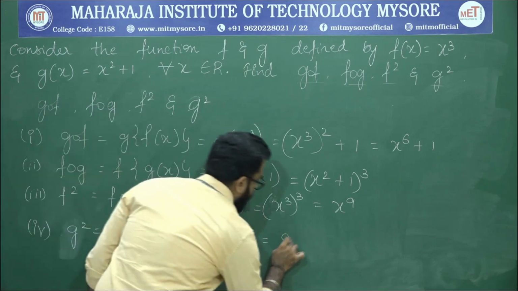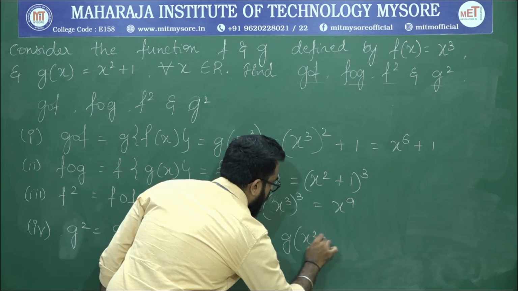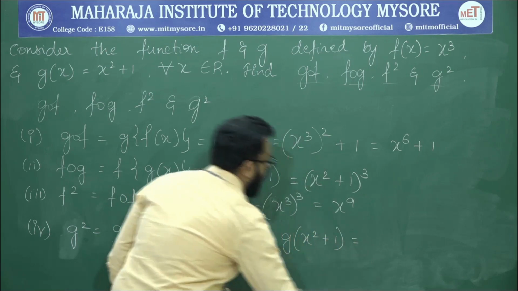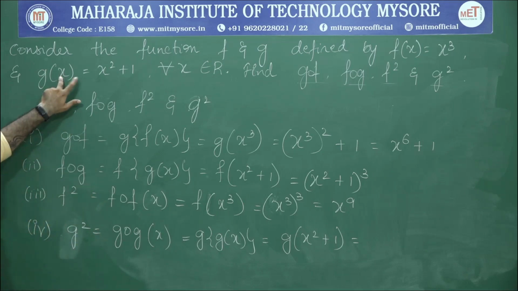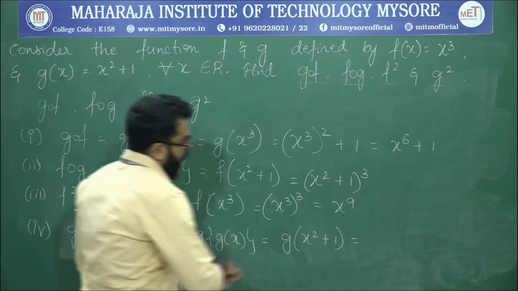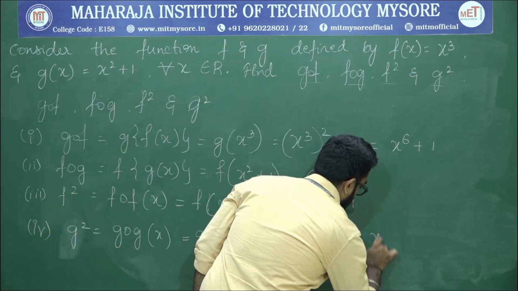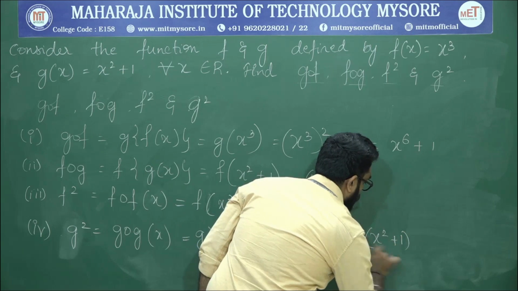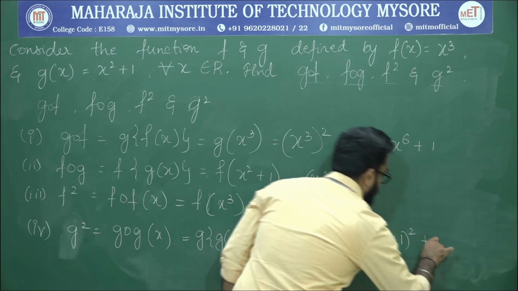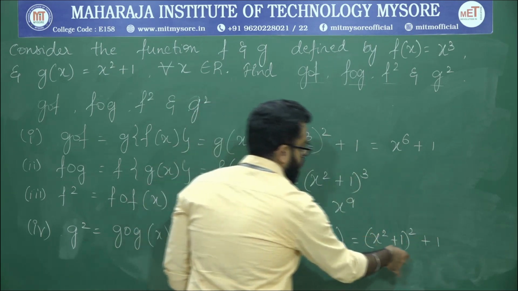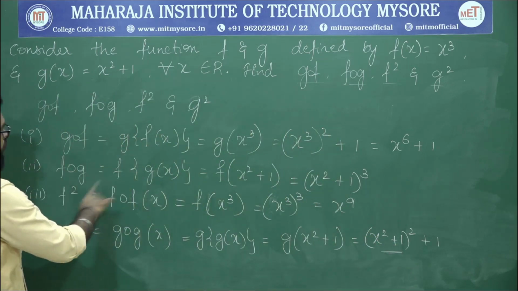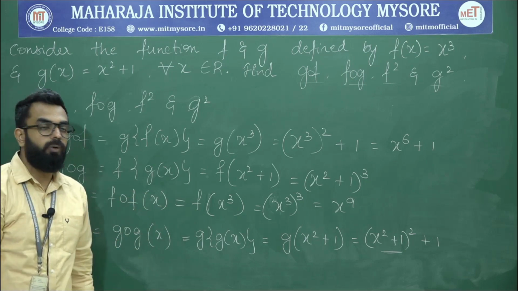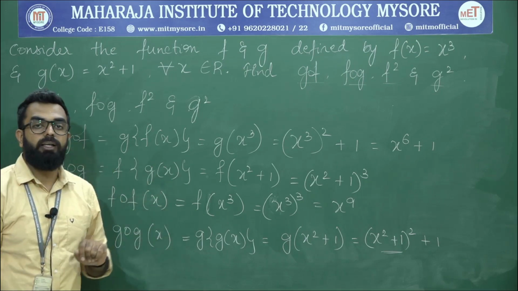So g of x square plus 1. Now again we have the g on the same. How do you define? In the place of x we have x square plus 1. It is nothing but (x square plus 1) whole square plus 1. The entire thing is considered as x here. So this is GOF, FOG, f square and g square defined on the set R.